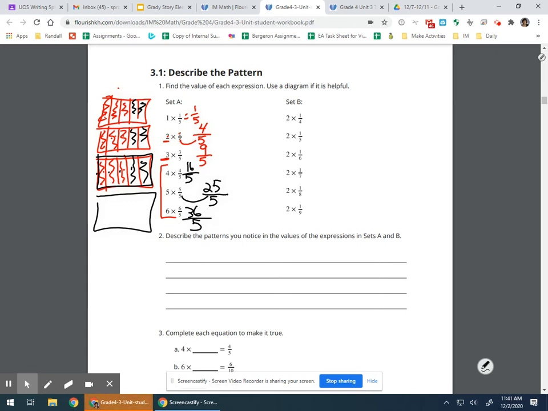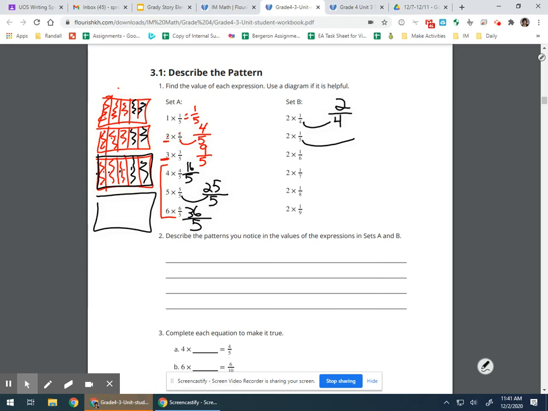So let's jump over to the other side. I'm going to do 1 with you, or I'll do 2, and then you'll do the rest. All right? So here we go. Are we ready? The bottom number is going to stay the same. Remember that? Because the denominator tells you how many pieces make a whole. So what's 2 times 1? 2 times 1 is 2. Okay?